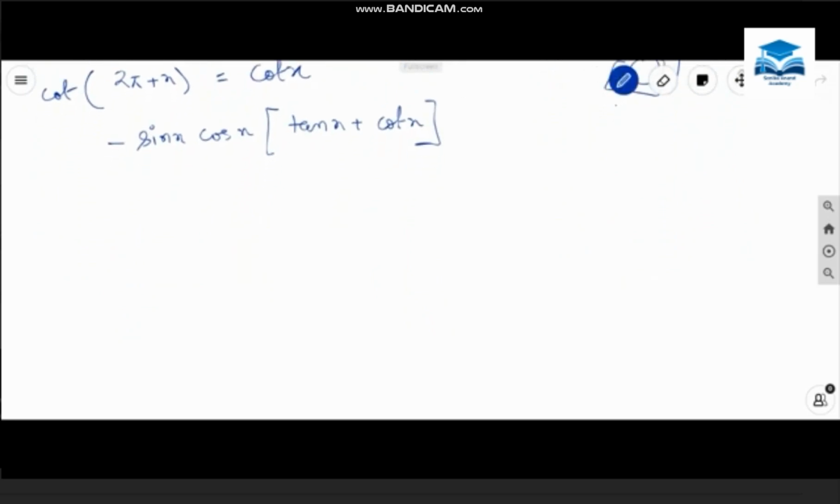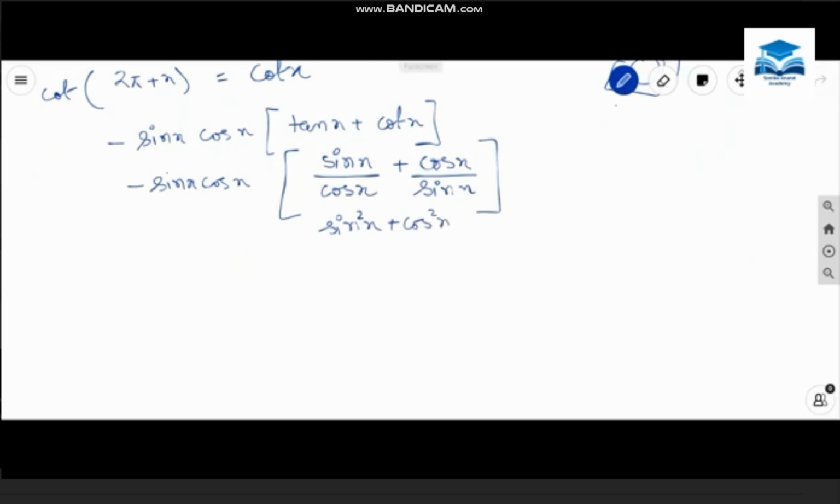So we get minus sin x cos x. Now sin x upon cos x plus cos x upon sin x, which is equal to sin square x plus cos square x upon sin x cos x, and we have to multiply with minus sin x cos x.